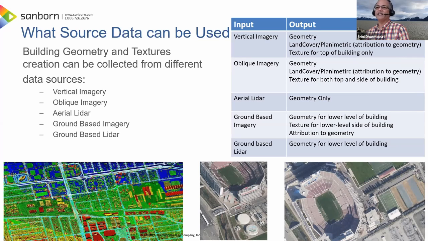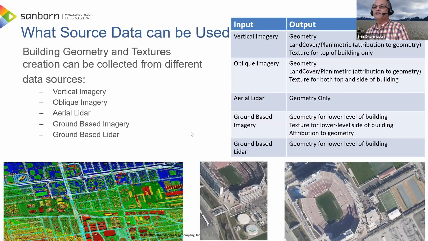Then the building has more intelligence than just saying it's a building. In the same way, we talk about the aerial LiDAR, ground-based imagery, and the ground-based LiDAR. Primarily the output is the various products that can be created from any of the geospatial data, whether it is the imagery or the LiDAR.